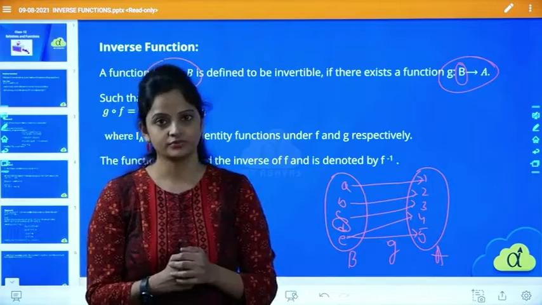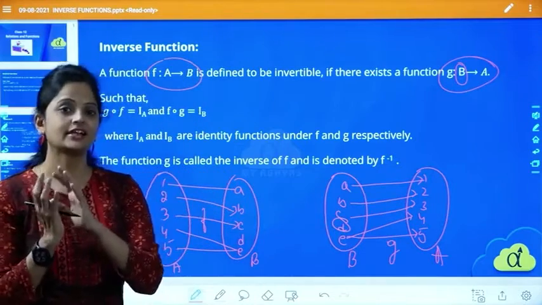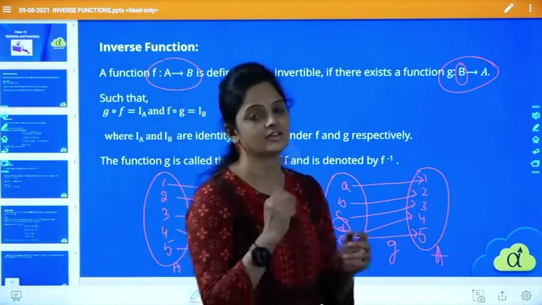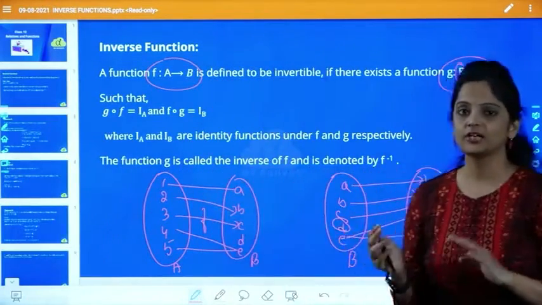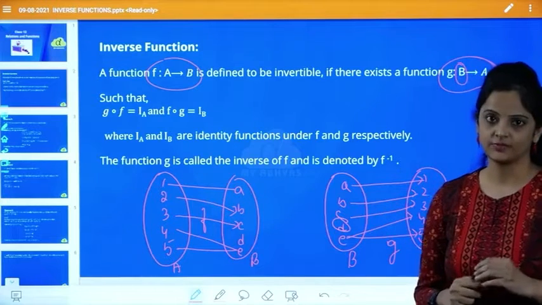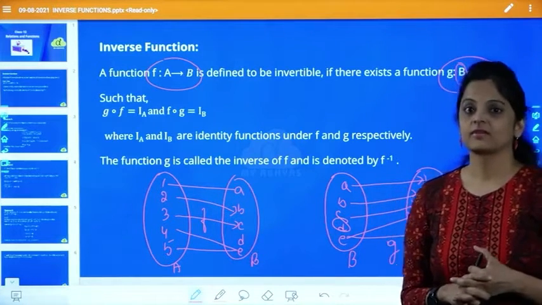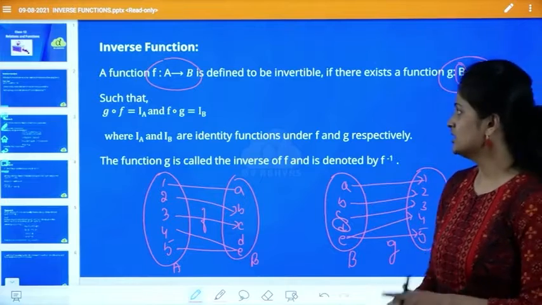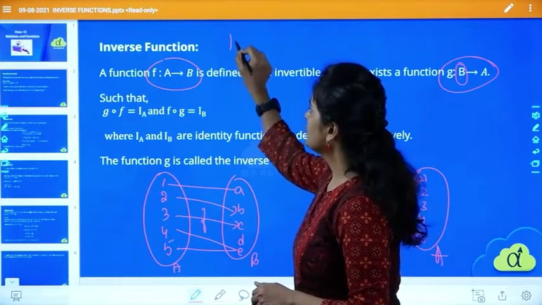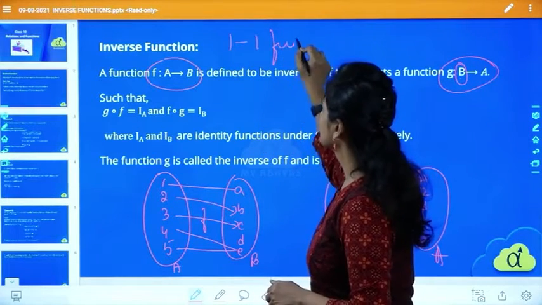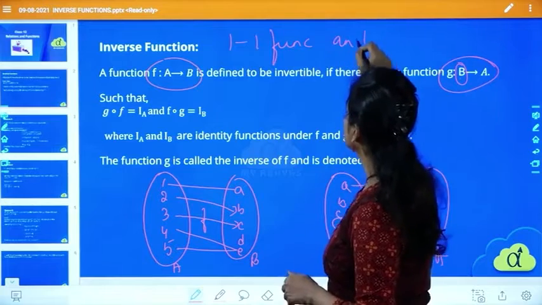So what should I do so that I get all the functions inverted the other way? If I map, that has to be a function. What is the restriction then? If I restrict, the function has to be one-one function and onto function.